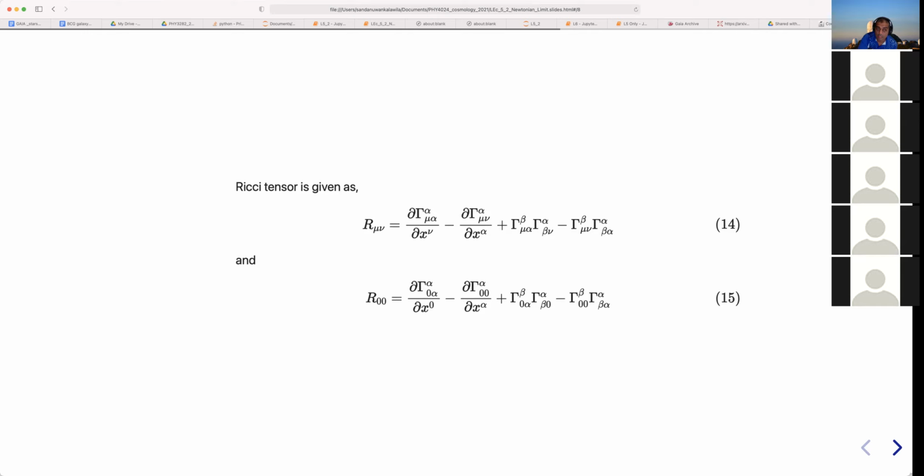So, for the Ricci tensor, we have 4 terms. The first 2 terms are just a derivative. We are trying to take the derivatives of Christoffel symbols or connection coefficients. And then we have another 2 terms, which are multiplications of connection coefficients.